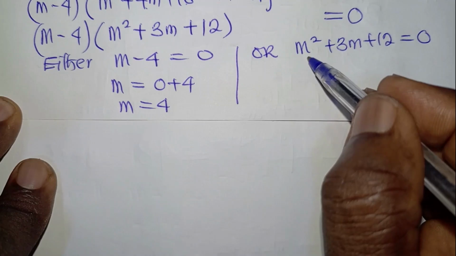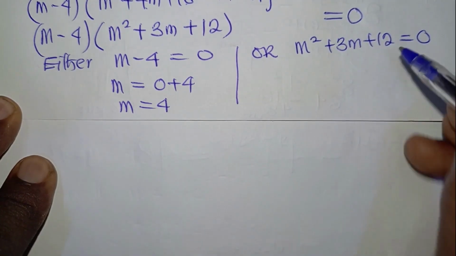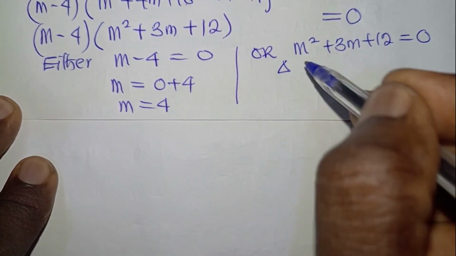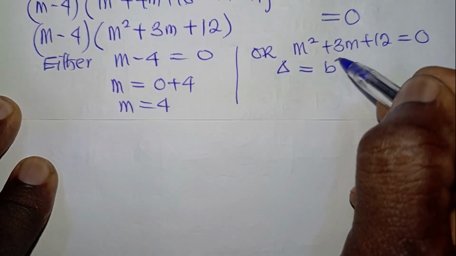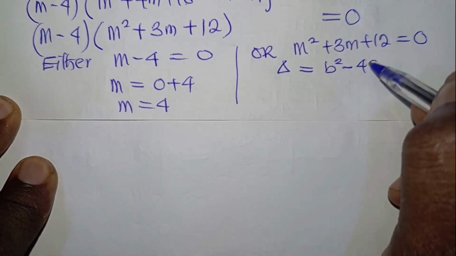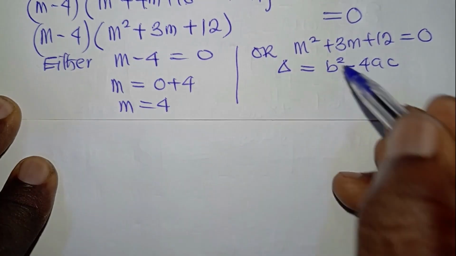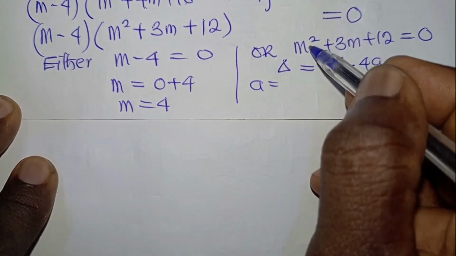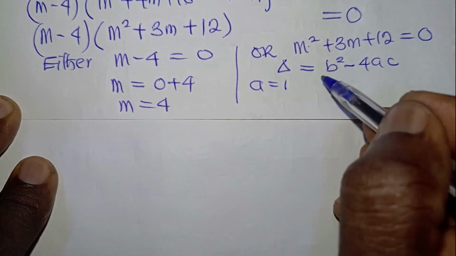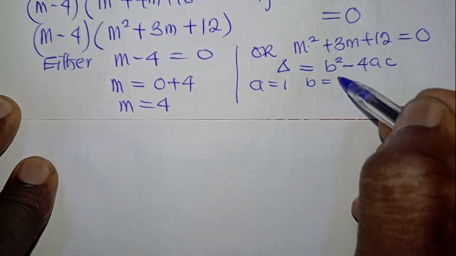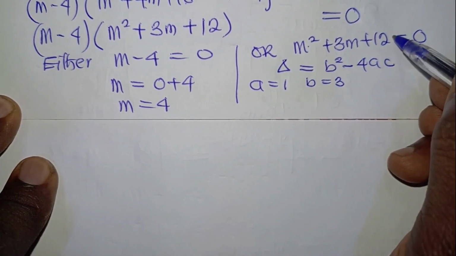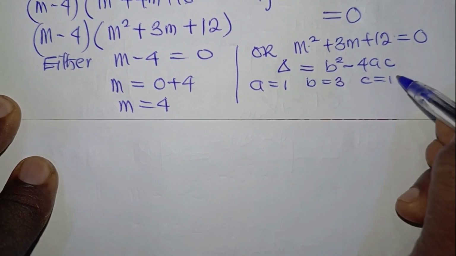So let's try to test whether we can get real values for that. So let's use the discriminant. The discriminant is b squared minus 4ac. So here our a is the coefficient of m squared, so that is 1. Then b is the coefficient of m, that is 3. And then c is a constant, so c equals 12.